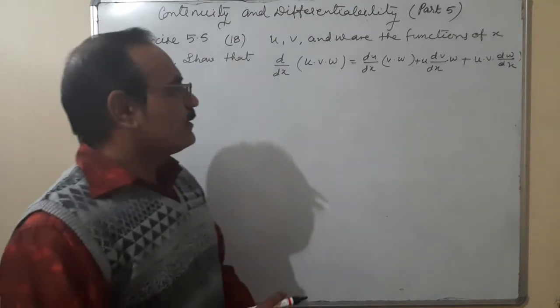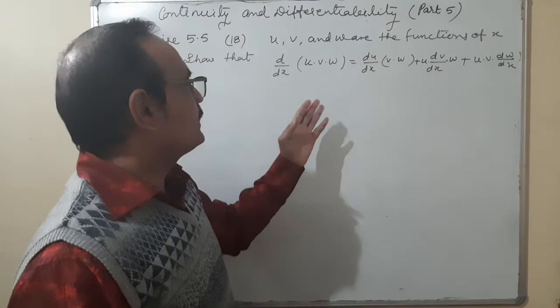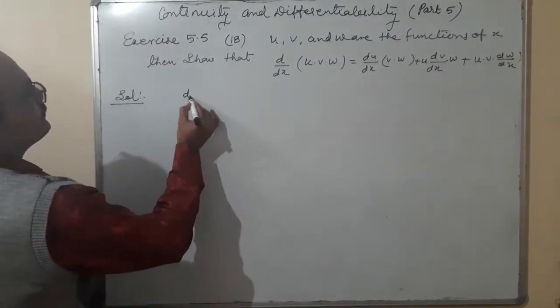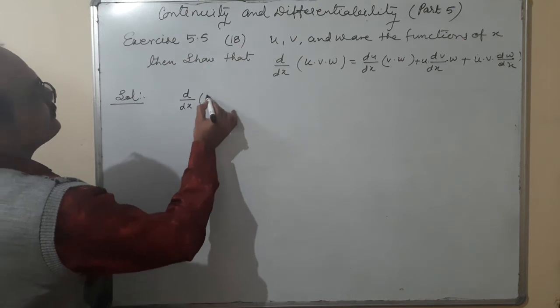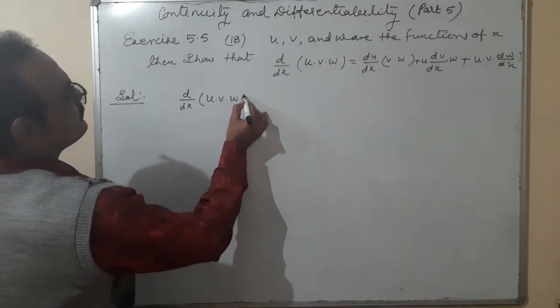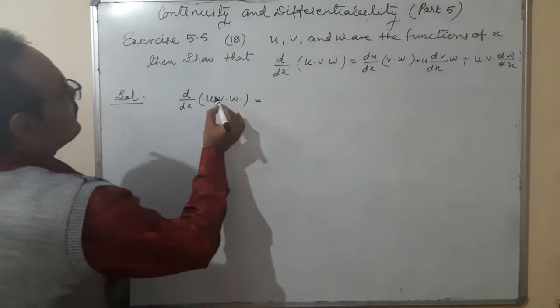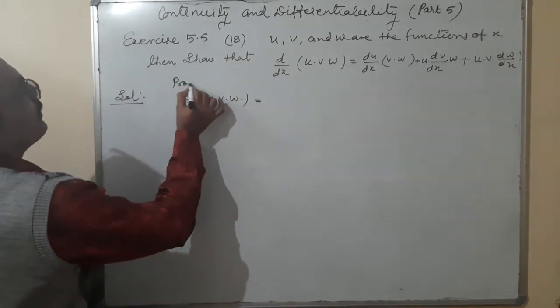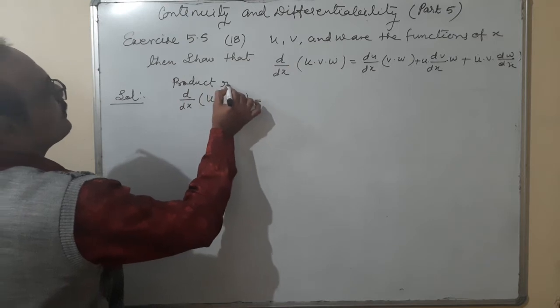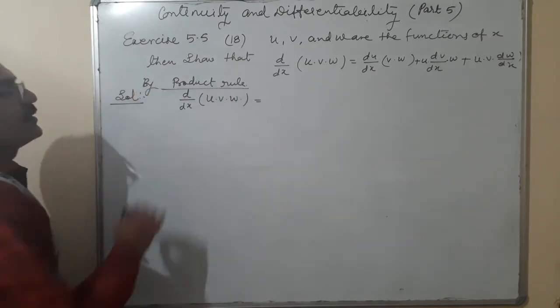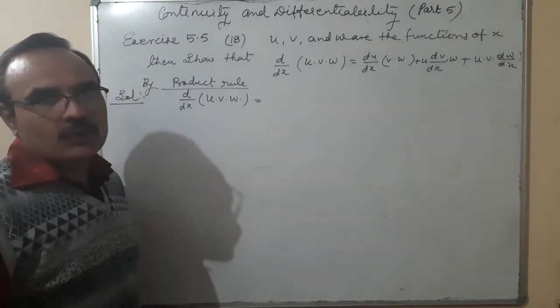So first of all, solving the question by the repeated way, that means the product rule, for u into v into w. In the product rule, what should be done?